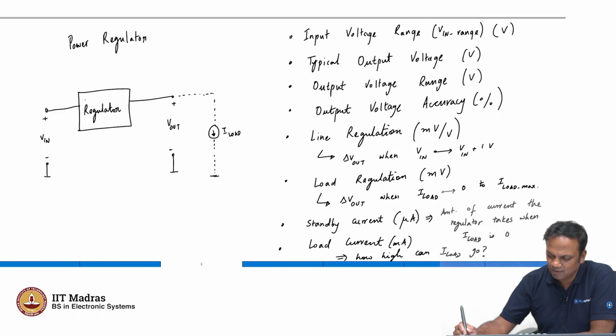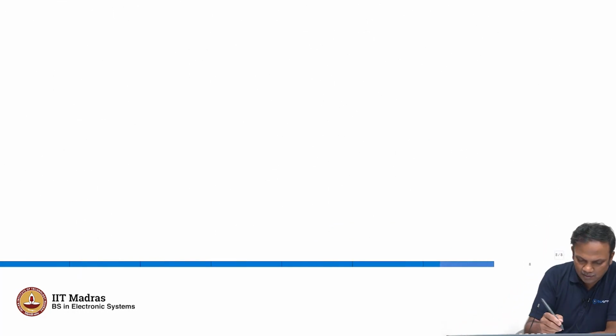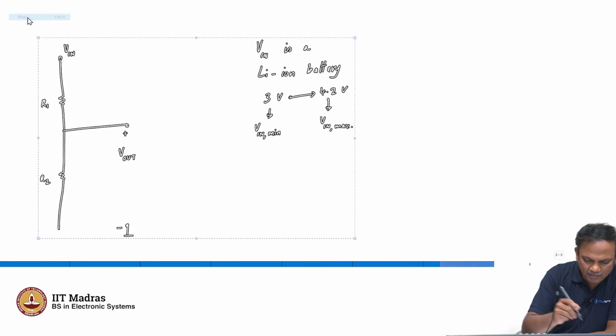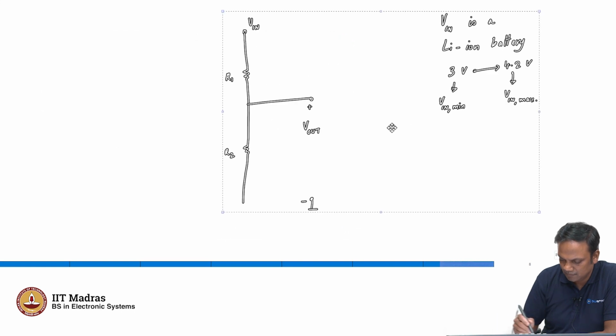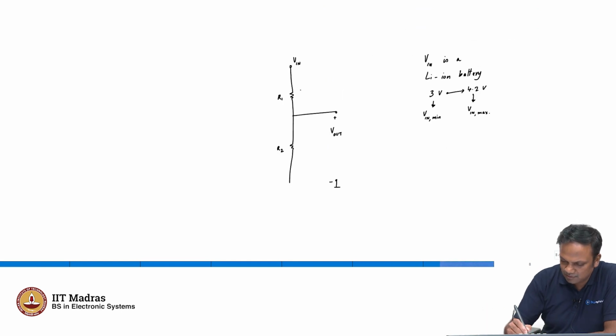What is the third thing we had to calculate? The output voltage range. We know that this is 5 ohms, and this is 5 ohms.